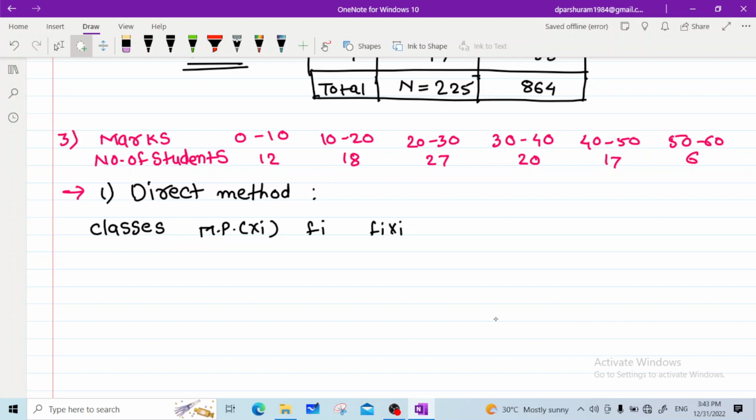Then we have to calculate ui, and then fi ui.